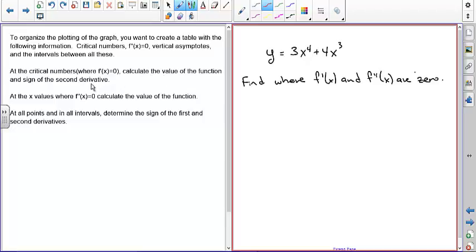Okay, we didn't do that, but we could have done that. And at the x values where f double prime equals 0, calculate the value of the function. We did that. At all points and in all intervals, determine the sign of the first and second derivatives. So we did that as well. That's the procedure that we just did.